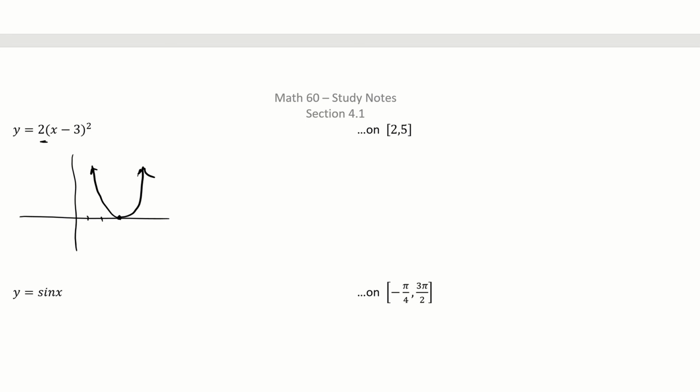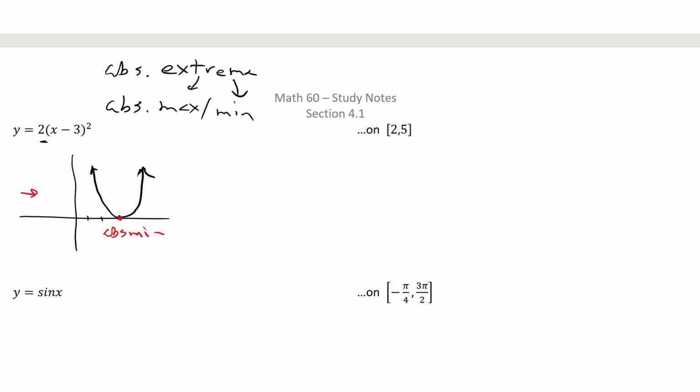This whole section, we're going to be looking for absolute max and min. Another name for that, by the way, is to find the absolute extrema, which means both of them, the max and the min. If we look at this, the way it's pictured right here, and no one messes with the domain, so the domain is all real numbers, then you could surmise that this guy is the absolute min.